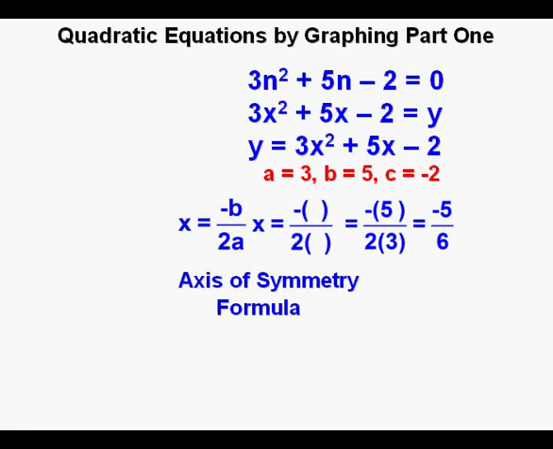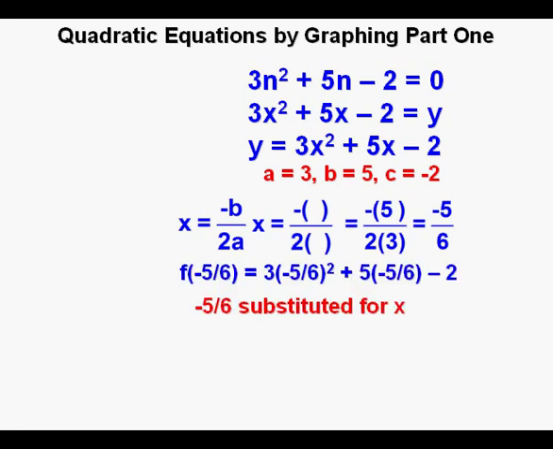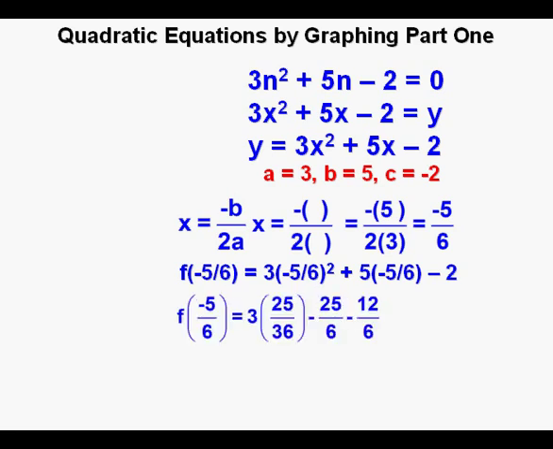Now we use the input of -5/6 to find the y value of the vertex. We have f of -5/6 equals 3 times (-5/6) squared plus 5 times (-5/6) minus 2. So this becomes f of -5/6 is equal to 3 times 25/36 minus 25/6 minus 12/6, which equals 75/36 minus 37/6.